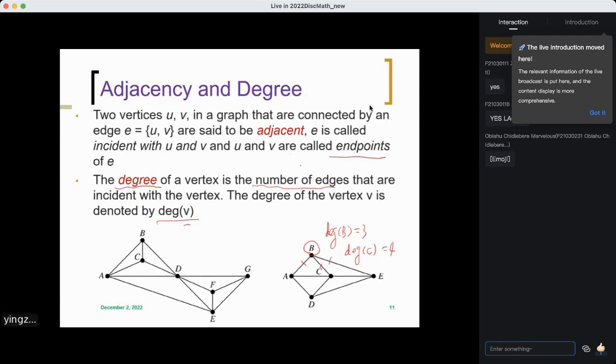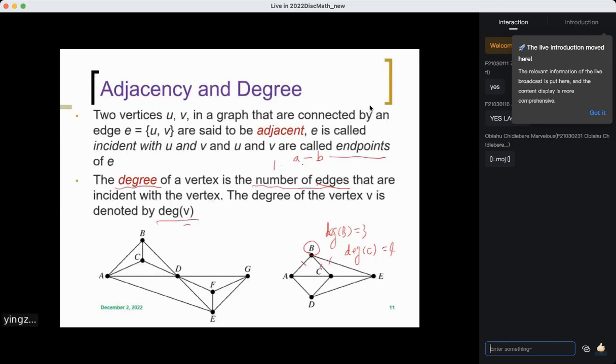So each edge will contribute 1 degree to each of the 2 nodes. For example, if this edge connects A to B, this edge will contribute 1 degree to A and another 1 degree to B.